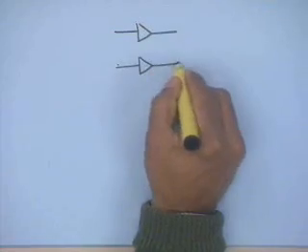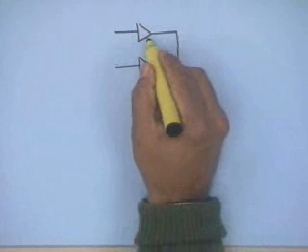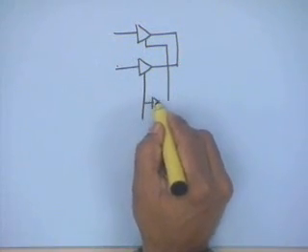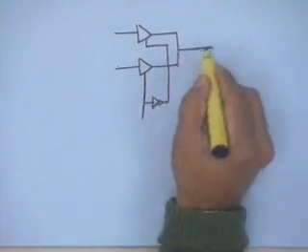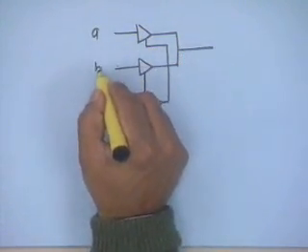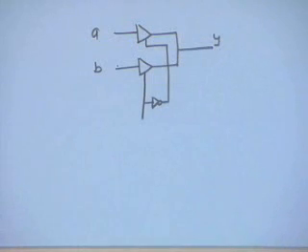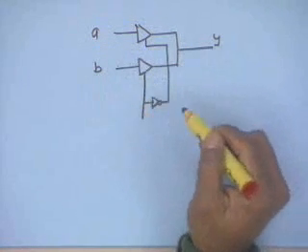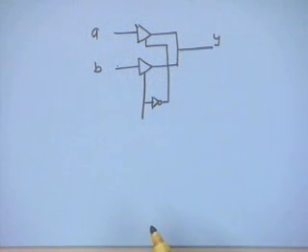If I now want to compare this, so I have two tri-state buffers, and what I have over here actually implements a 2:1 multiplexer.